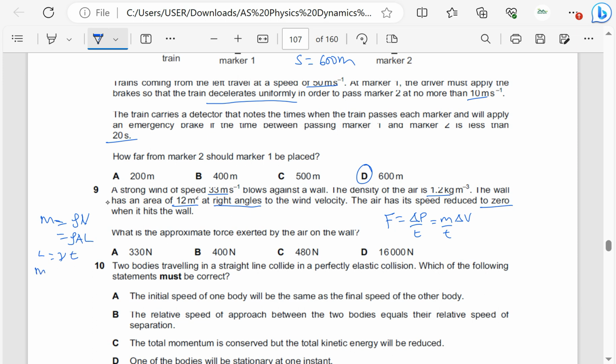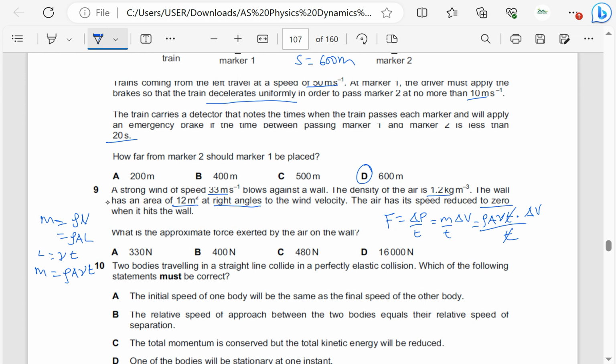So the mass can be density times cross-sectional area times speed times time. So this is going to be equal to density times cross-sectional area times speed times t, then times the change in velocity, then again divided by t. So this t cancels out.